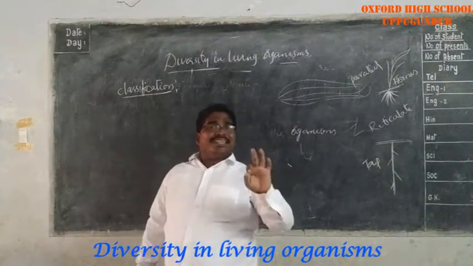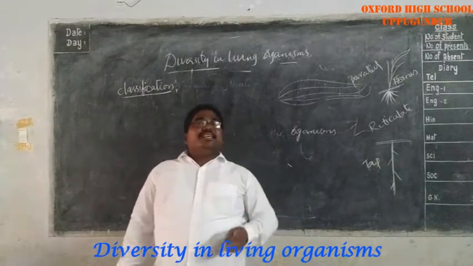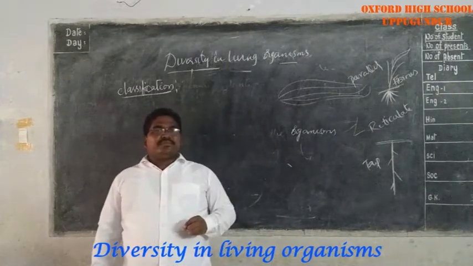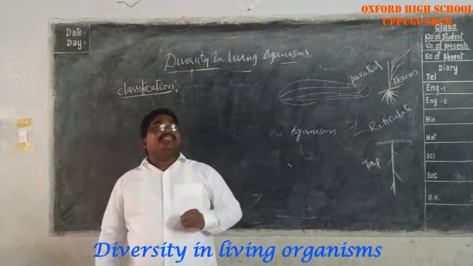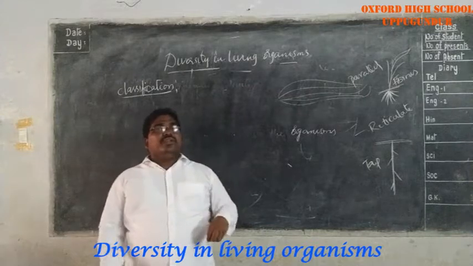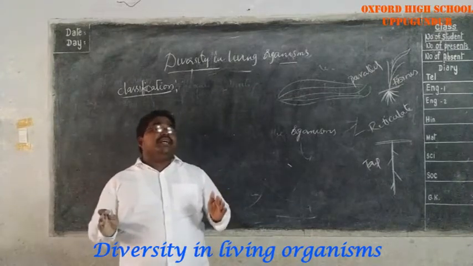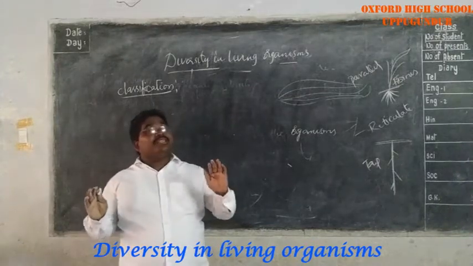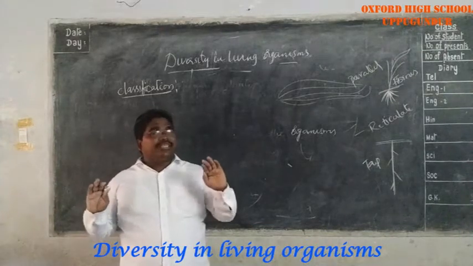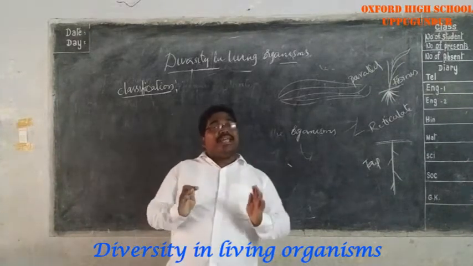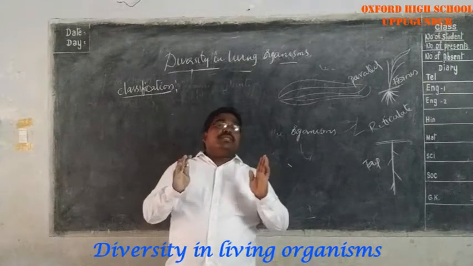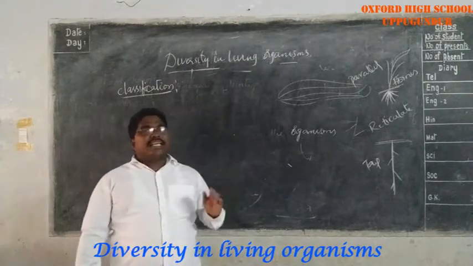You all are in the 9th class. Like that, depending on the characters and the similarities present in the organisms, the scientists who studied the organisms in nature grouped these animals on the basis of their similarities and differences. That is classification.